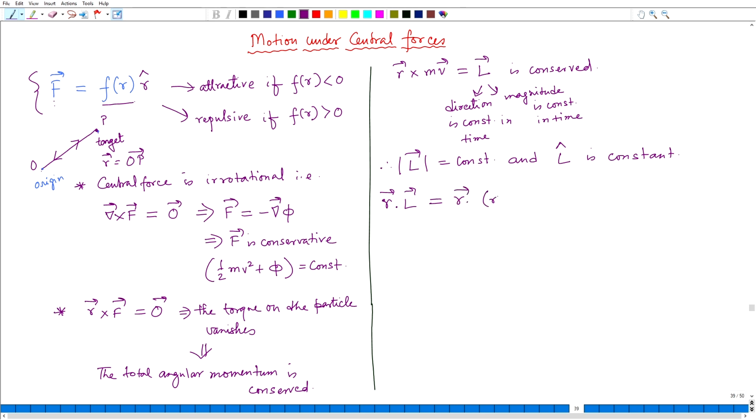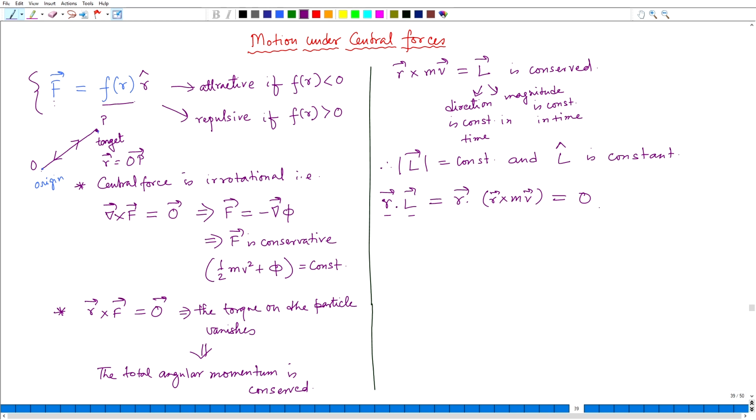R dot r cross m v. If two vectors in a scalar triple product are identical, then it is 0. That means that R and L are orthogonal to each other, perpendicular to each other, and neither R nor L is in general 0.